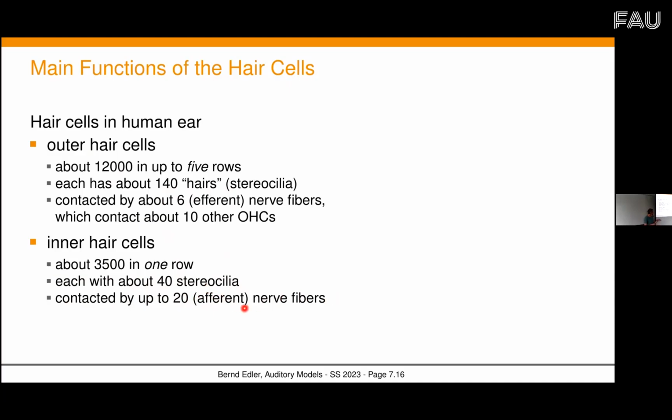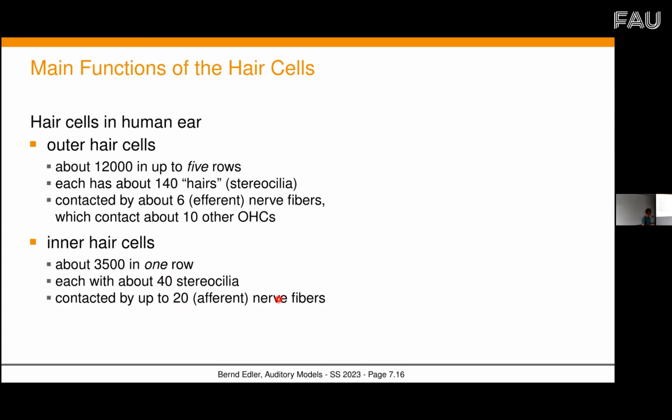It means one hair cell could influence the firing rate of 20 nerve fibers. So there might be some connection of neighboring regions, but as we see here, we have 3,500. So if some neighboring inner hair cells are connected to that same nerve fiber, this would still be quite a high frequency resolution.